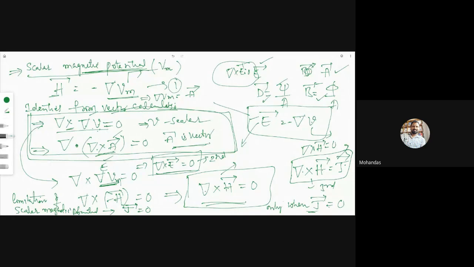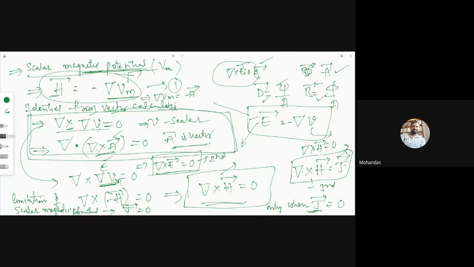So to define this scalar magnetic potential, J must be 0. That means the medium should be free from charges, which is nothing but an insulator. Only then can we apply H equal to minus del Vm. Okay, that is the limitation.